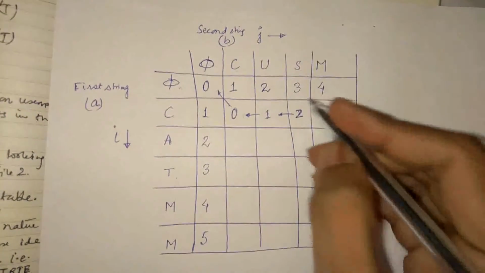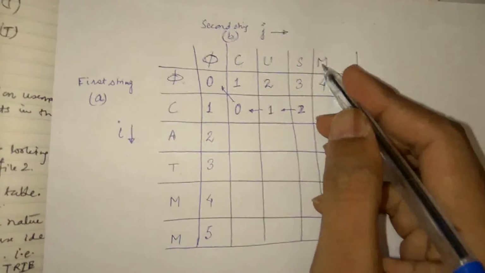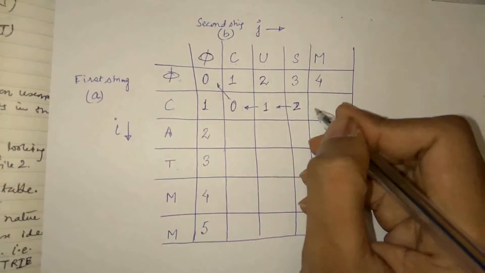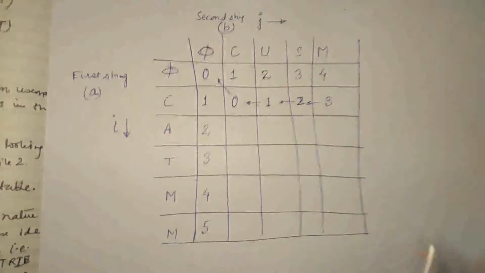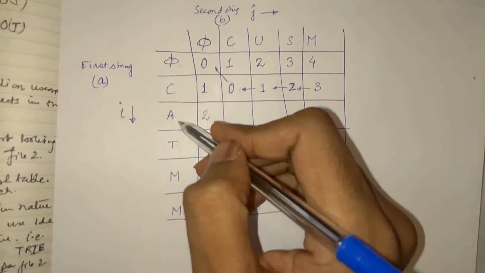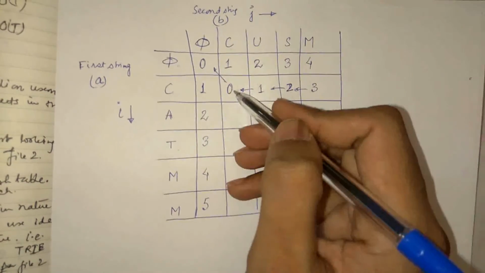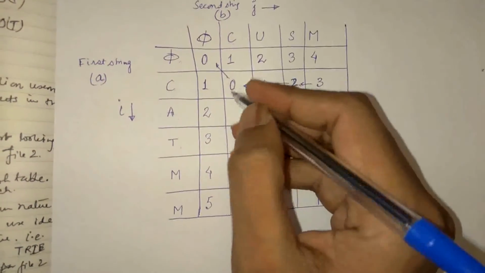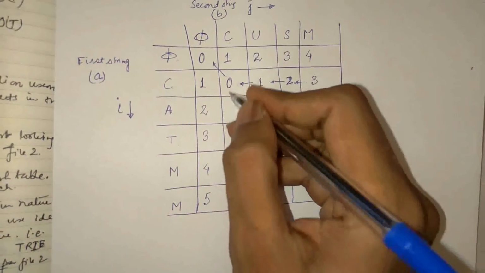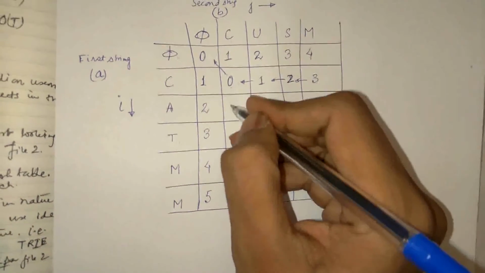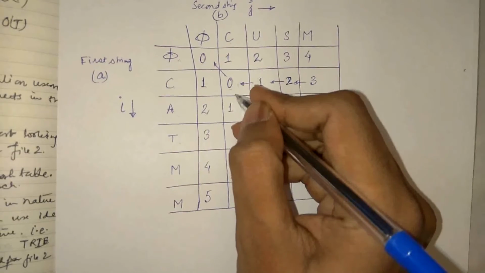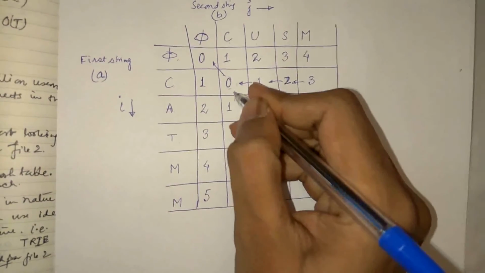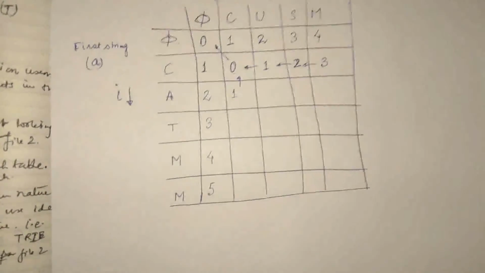For this 3, because C, M and C is not equal, so this will be 3. Now here the similar case, this C and A do not match, minimum of these 3 plus 1. So minimum of these 3 is 0, plus 1 is 1. We are coming from above, so we'll make this direction, right?